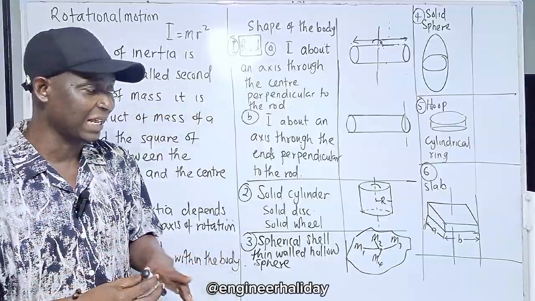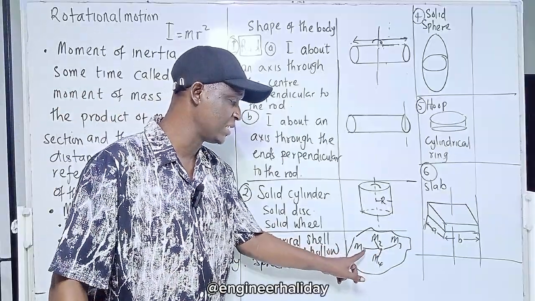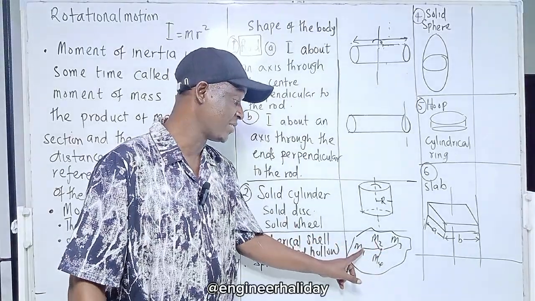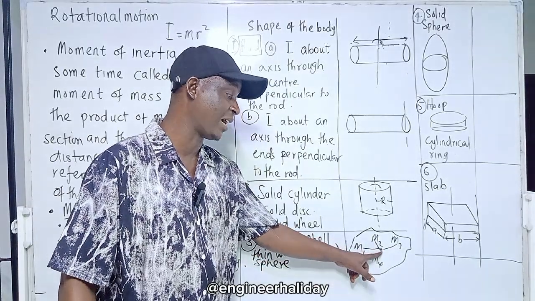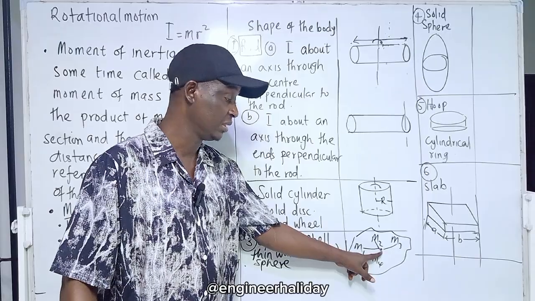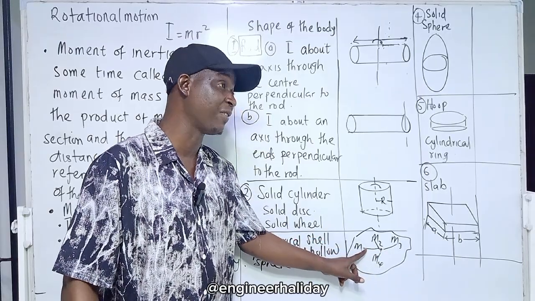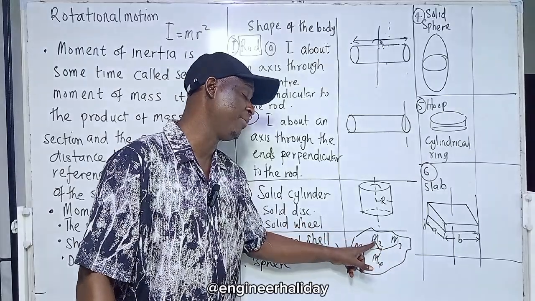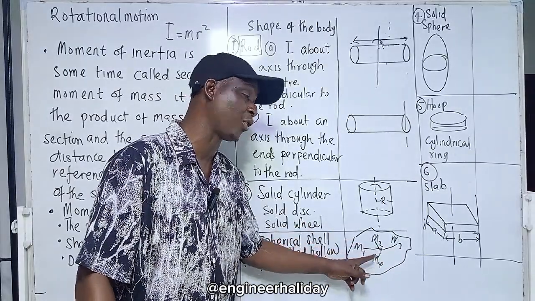What I'm saying is that M1, a point mass, has a distance from this centroid. So this is a reference point, the center of gravity of the body. From this point to M1 is R1, from this point to M2 is R2, like that R3, R4.